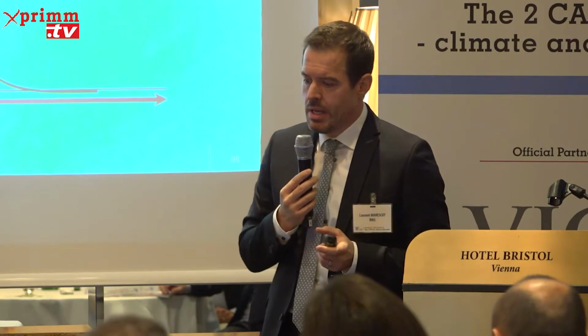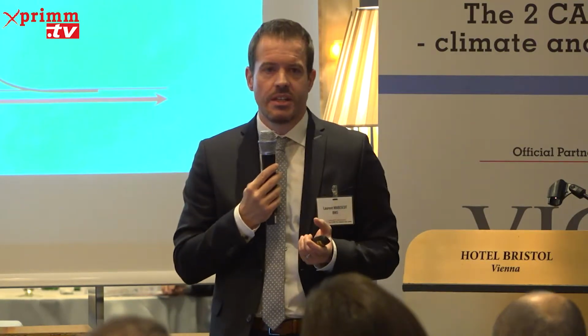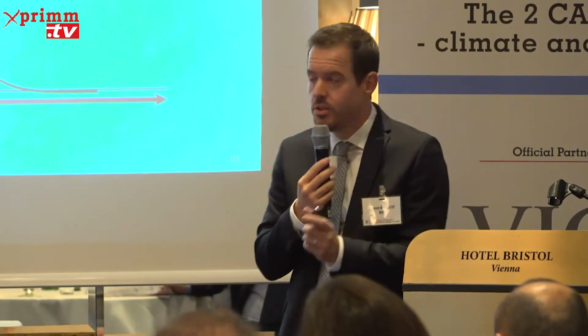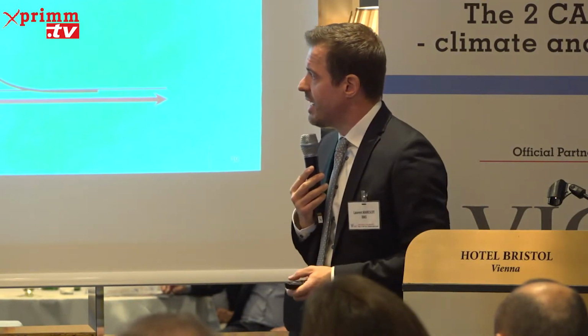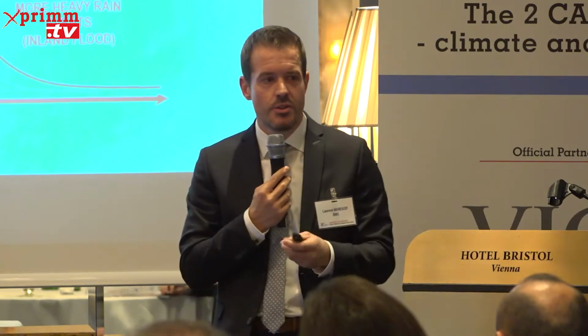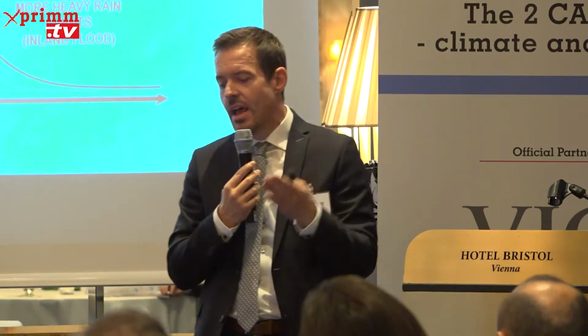We have seen there is a pretty clear signal of a change in the pattern of precipitation globally, but also in Europe. And I would say it's not necessarily a change in the average precipitation. It's more about having more extremes in the future. It could be extreme droughts or extreme heavy rain, right?